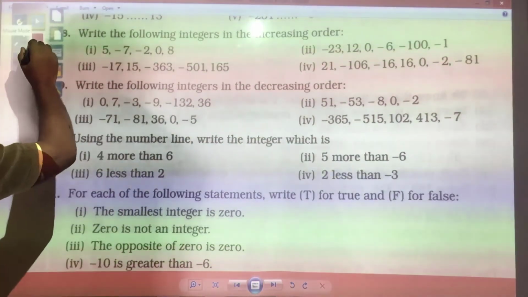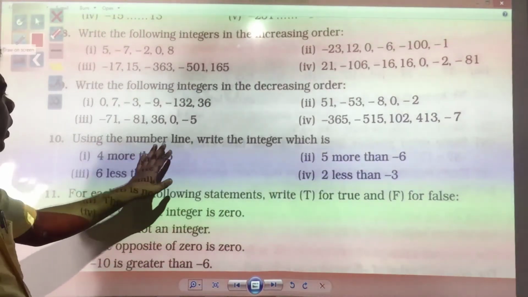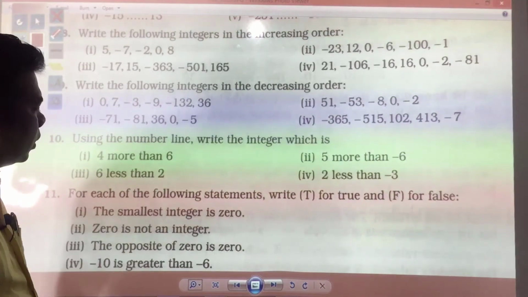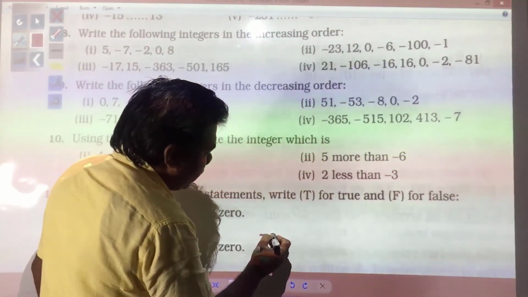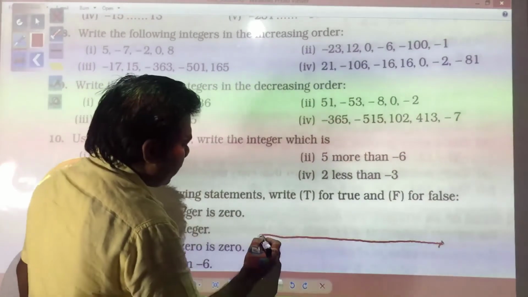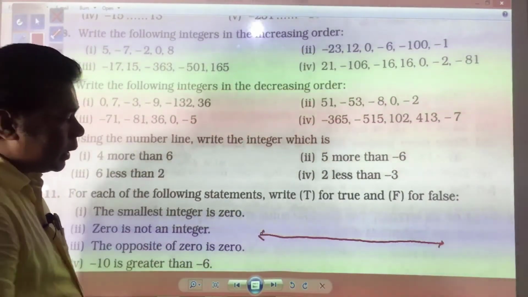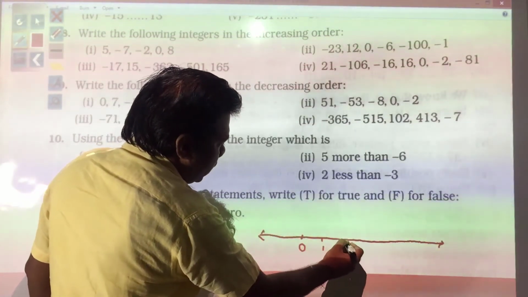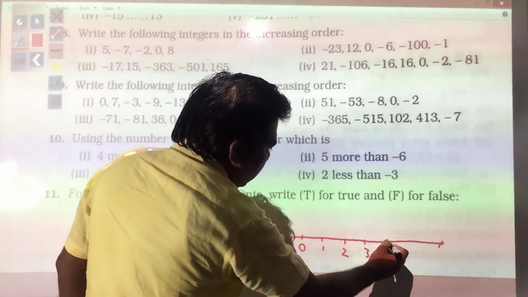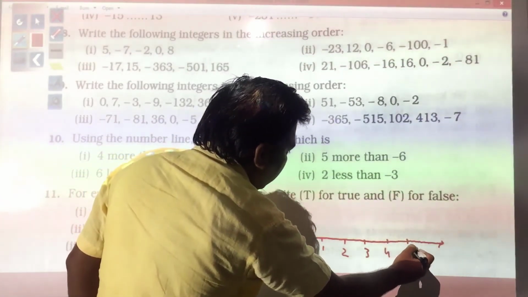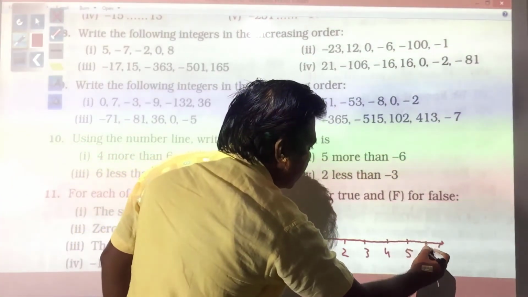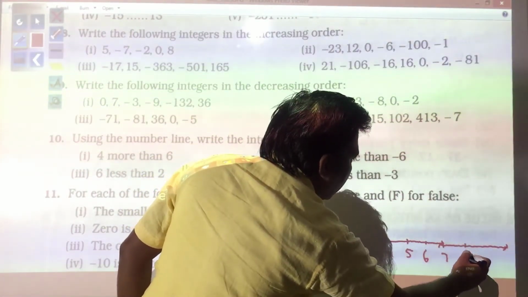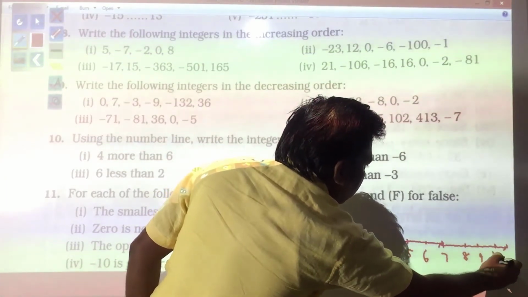Next question you see: using the number line, write the integer which is 4 more than 6. So, how will we draw? A number line is required to be drawn like this. Suppose this is 0, and this is 1, 2, 3, 4, 5, 6, 7, 8, 9, 10.